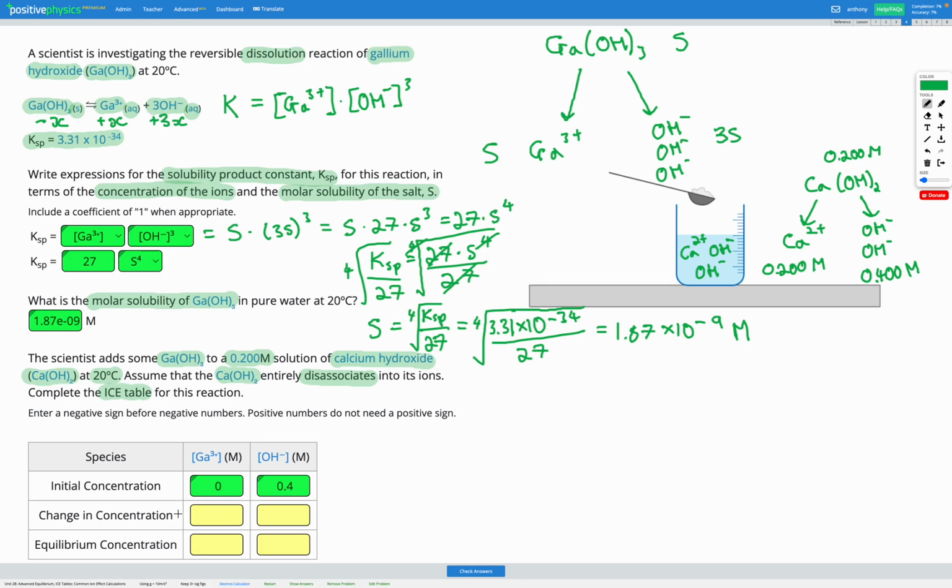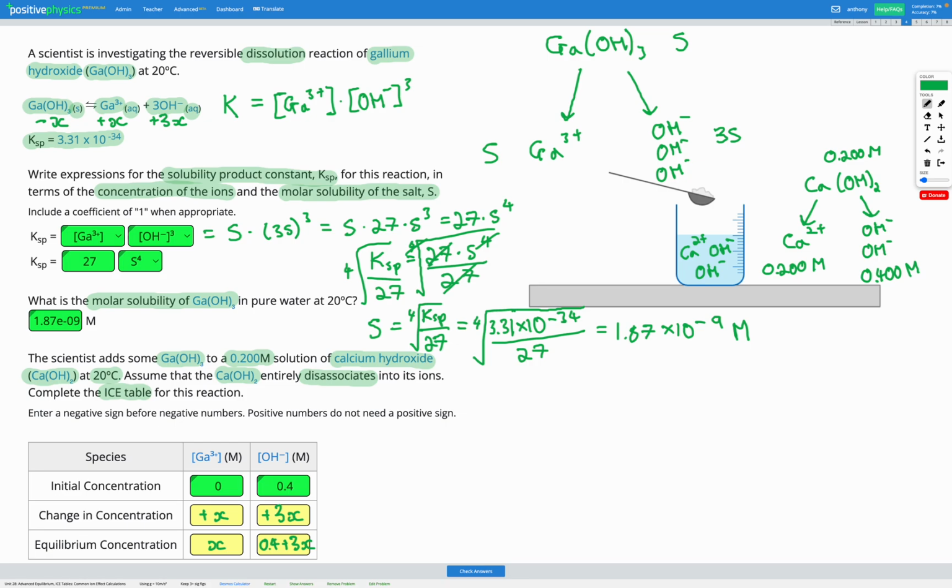So our changes are going to be plus X for gallium and plus 3X for hydroxide. So our equilibrium concentrations for gallium is going to be 0 plus X, which is just X, and for hydroxide is going to be 0.4 plus 3X.